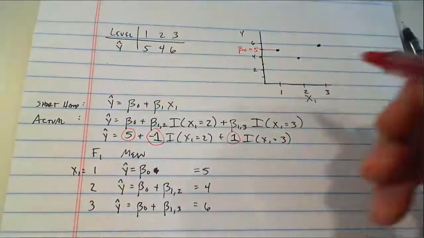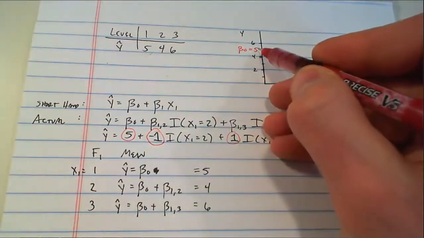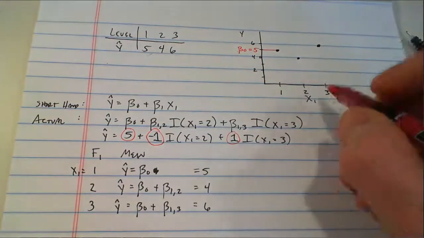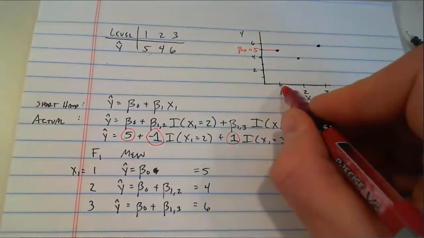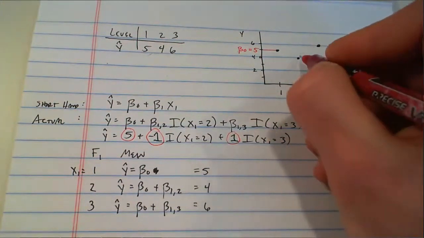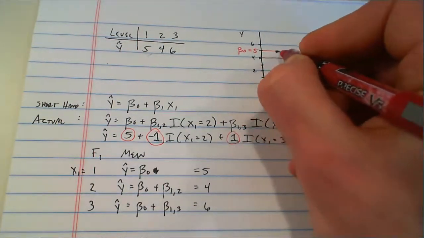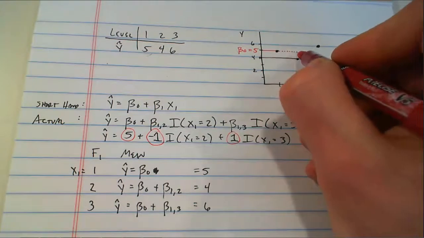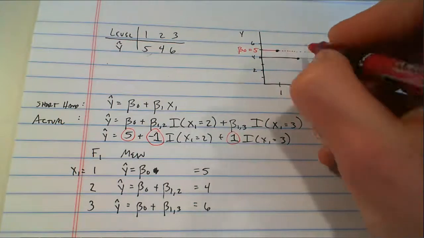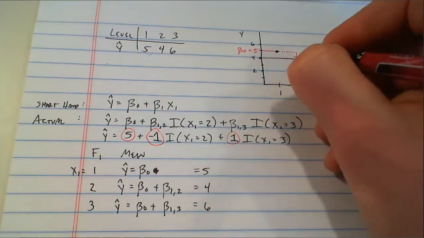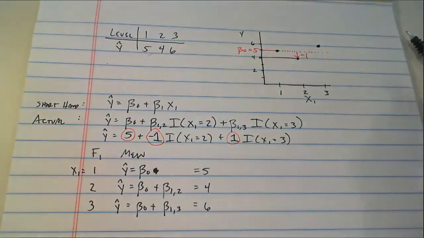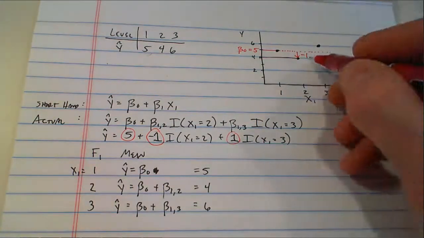All right, and we're going to see these model coefficients up in this plot. So beta naught equals 5. When I go from level 1 to level 2, I get down to 4, and I do that from the baseline group by going down 1 unit, so minus 1.